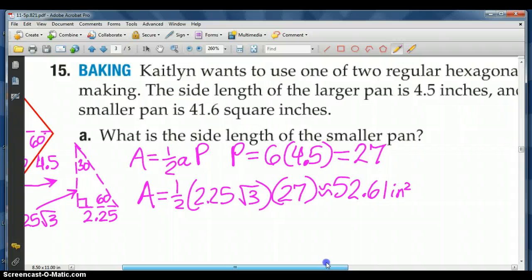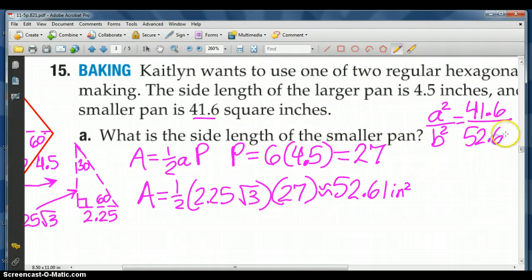The area of the smaller pan that was given to us, 41.6. So I can set up my ratio of areas as 41.6 over 52.61.